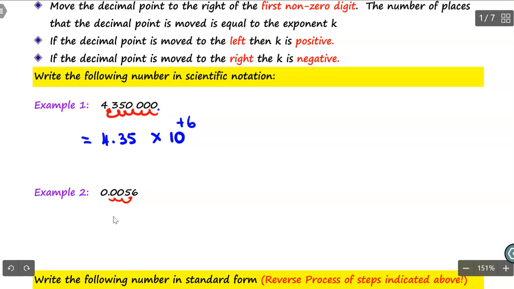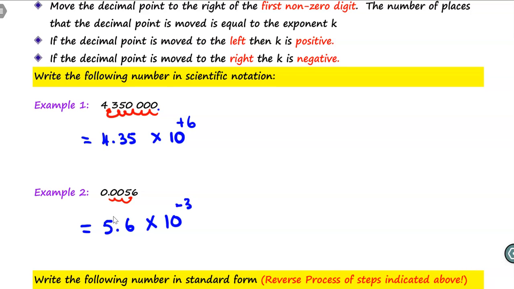So I will write it as 5.6 times 10 to the exponent 3, but it now is a negative because I'm moving it to the right. Just to make sure that everyone masters the concept of writing a number in scientific notation.